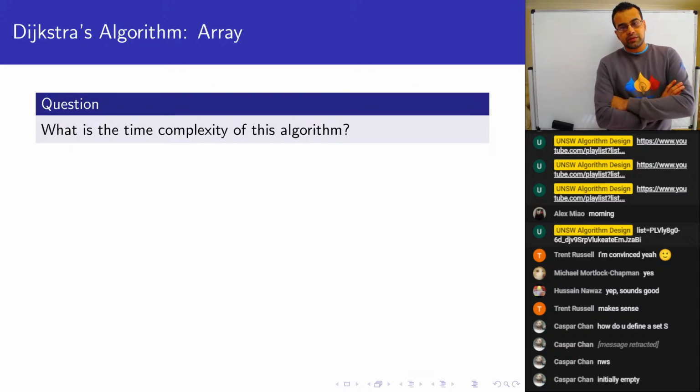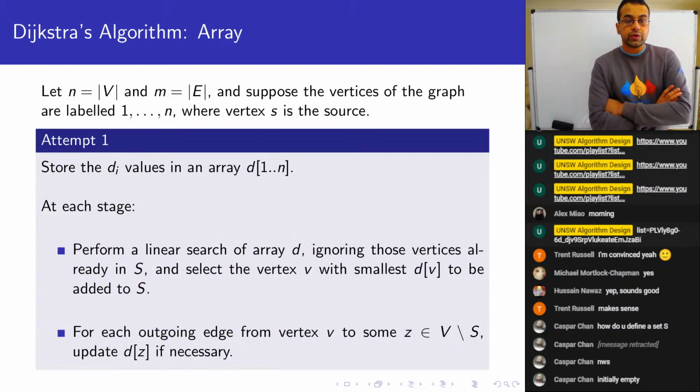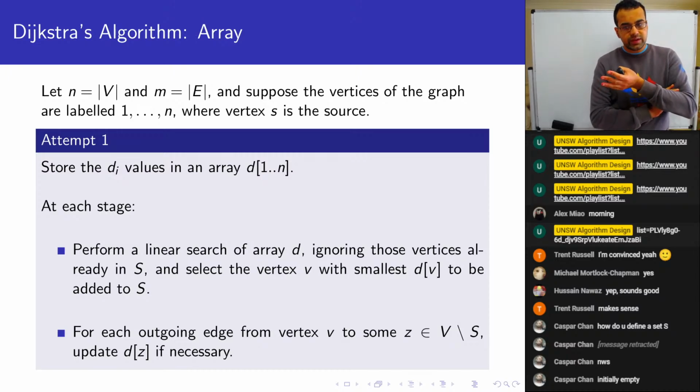So what is the time complexity of this algorithm? Let's consider what we do. We said at each stage, and each stage corresponds to adding one of the vertices, so that linear search of array d runs n times. Now, this runs through actually all n vertices n times, because we still need to look over all the elements of S before we move on to non-elements.